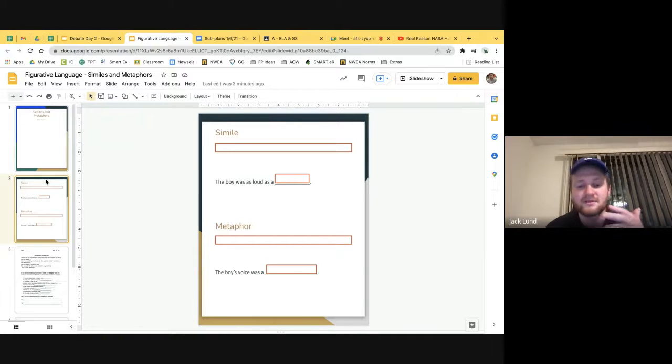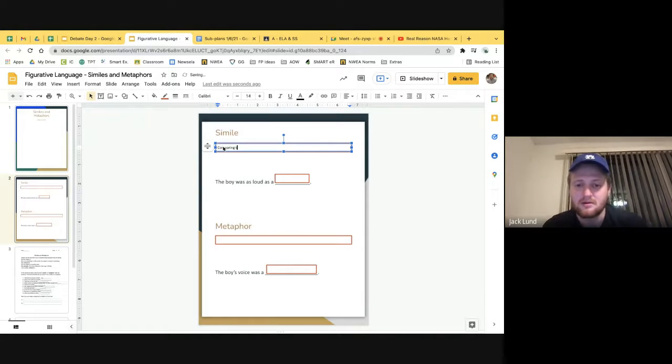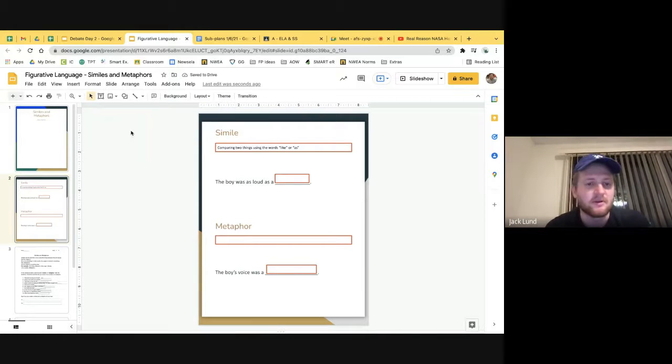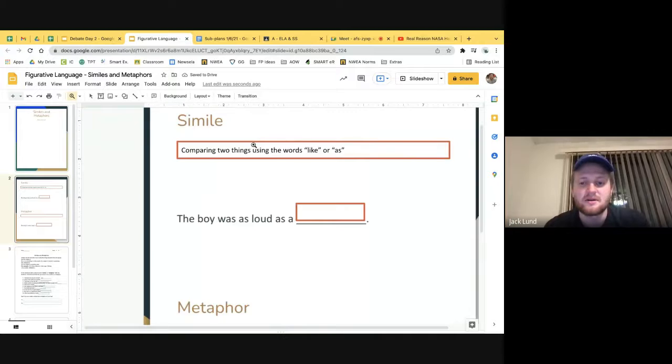All right, so first, simile. Simile is when we are comparing two things using the word like or as. Let me zoom in here a little bit so you can see. There you go.